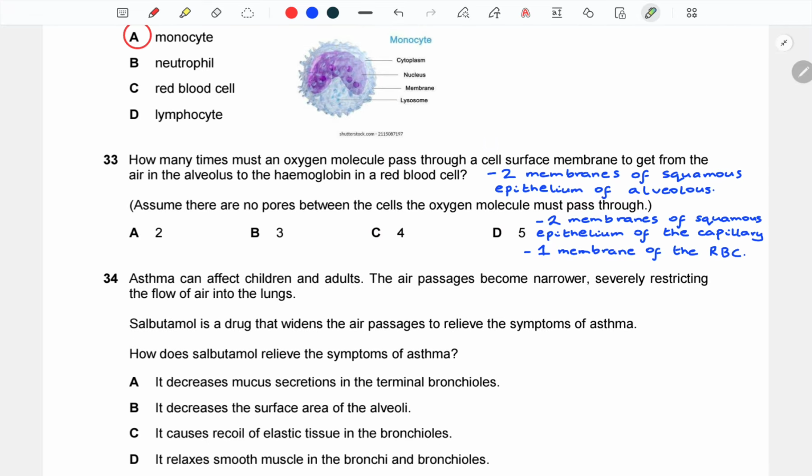So, the oxygen first has to move through 2 membranes of the squamous epithelium of the alveolus going out of the alveolus, 2 membranes of the squamous epithelium of the capillary going into the capillary, and 1 membrane of the RBC finally getting into the RBC and binding to the hemoglobin. So 2 for the squamous epithelium of the alveolus, 2 for the squamous epithelium of the capillary, and 1 of the RBC, which will give us 5. Hence our answer for 33 should be D.